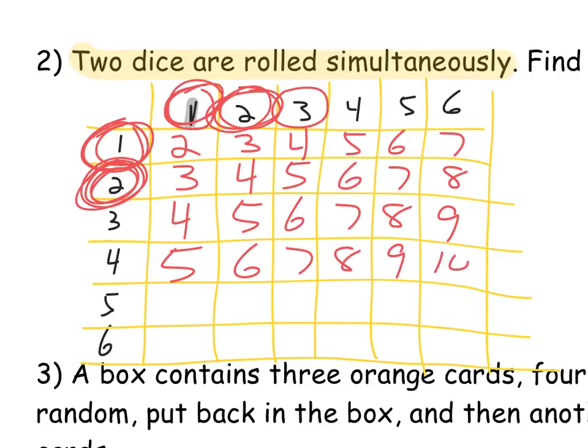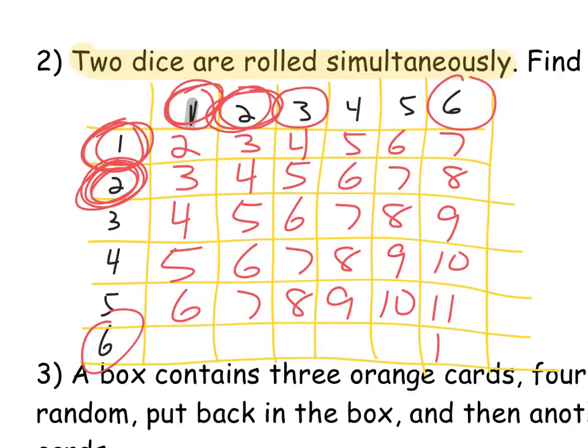Now, when you get to the last row, the highest total that you could have, if you roll a 6 and a 6, gives you the sum of 12. So that's a good way to check to see if you did this correctly.